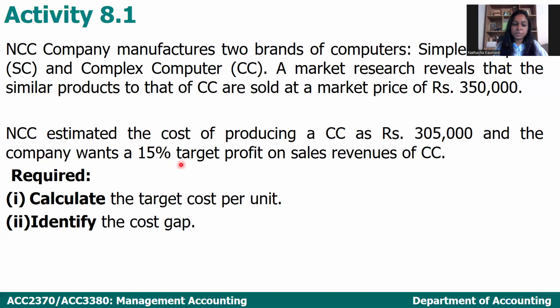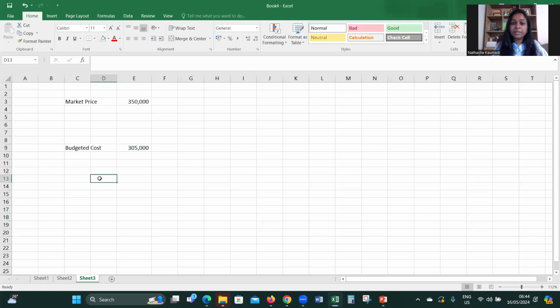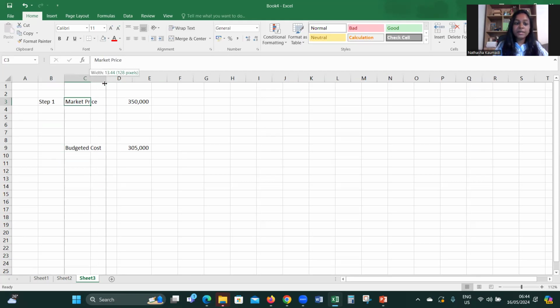So what are the steps? What is required first of all? Calculate the target cost per unit and identify the cost gap. We'll calculate the target cost by following the steps. What is the first step? Step 1, deciding the target price.